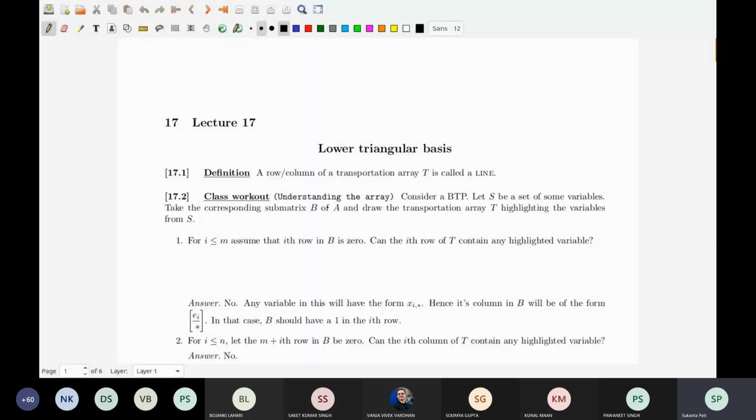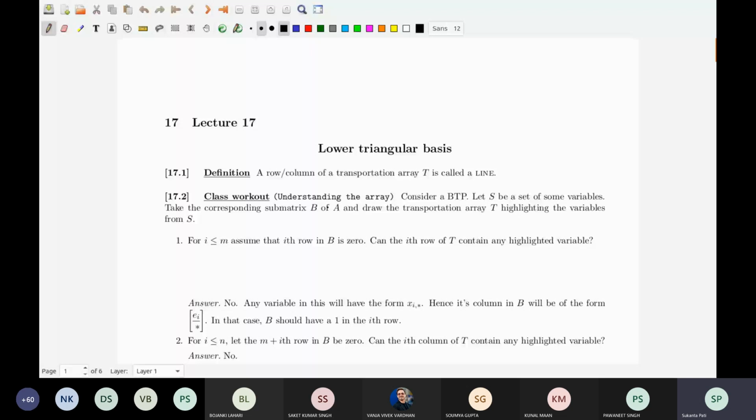And deleting any row from a basis matrix, I should say, since a basis matrix corresponds to a basis and there are many bases, will make it non-singular, that is invertible. That much we have seen.